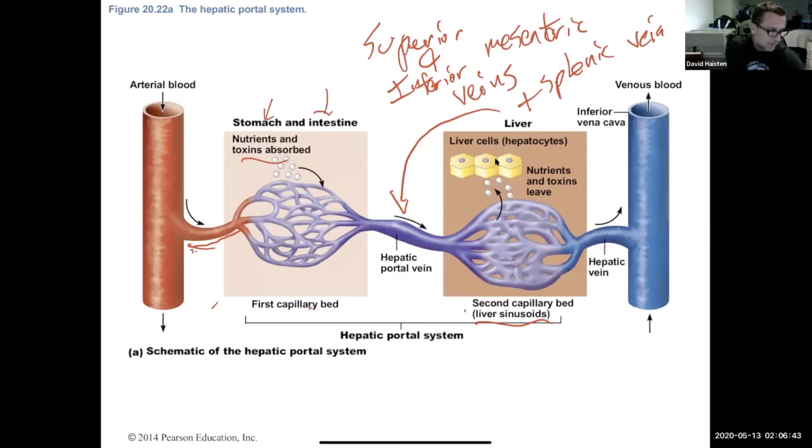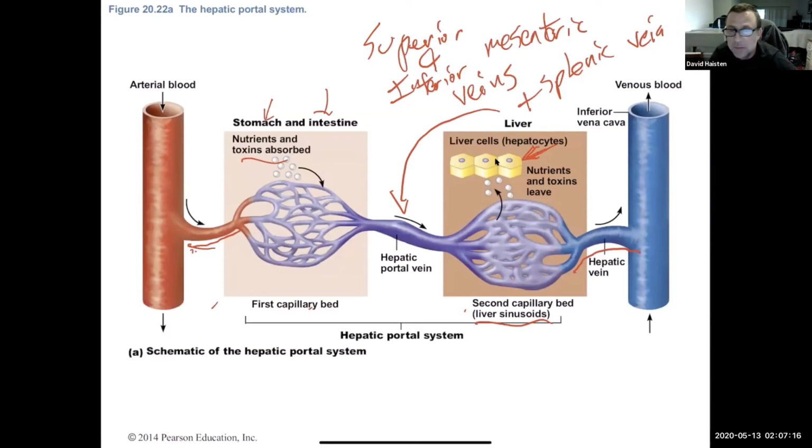There, your hepatocytes, your liver cells, detoxify any toxins that came in. And whatever you ate, all the different biological macromolecules, they need to be processed. And glucose gets stored in your liver. So hepatocytes, that's their job, process what you ate. Now, blood is going to return via the hepatic veins to the inferior vena cava and enter your circulation.